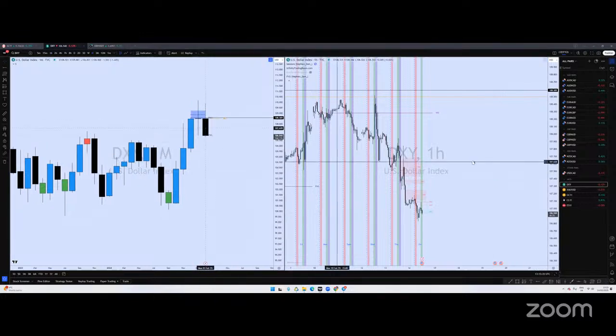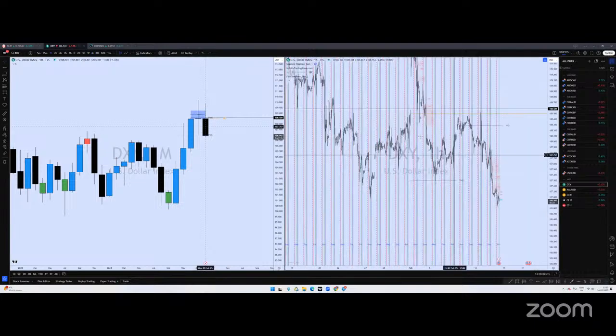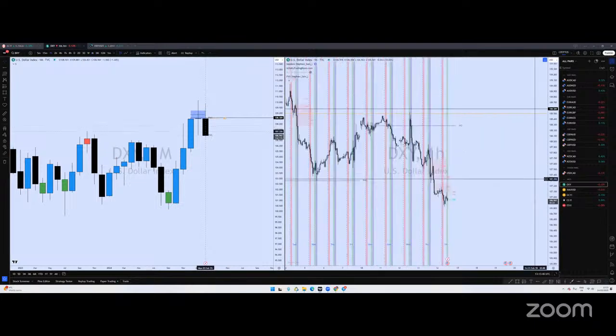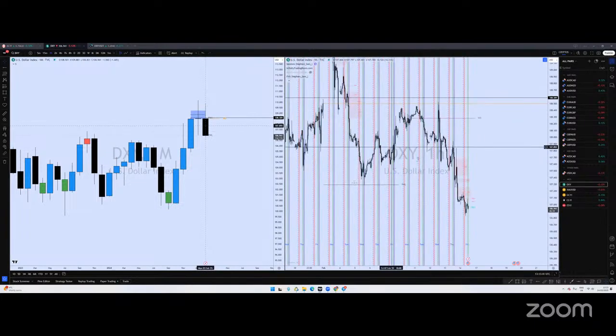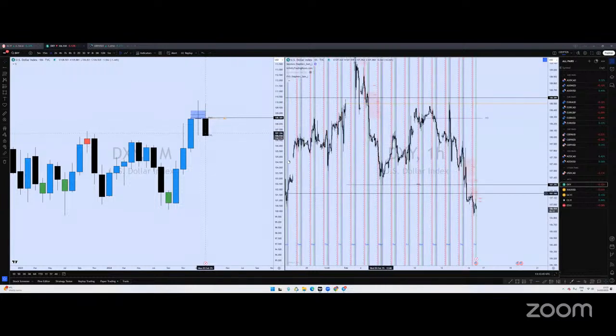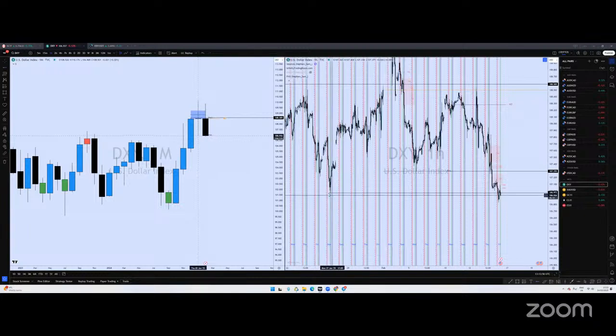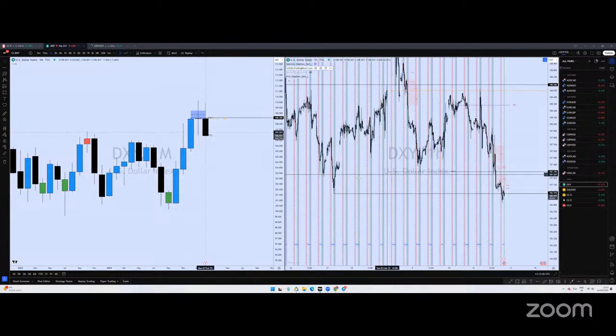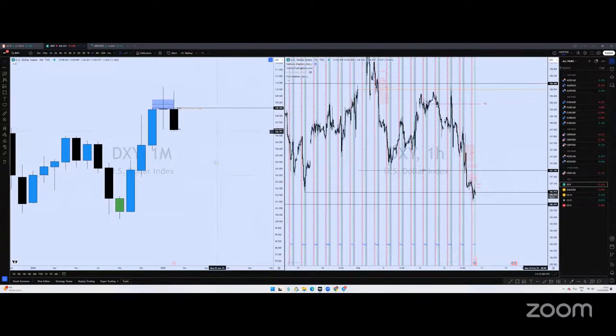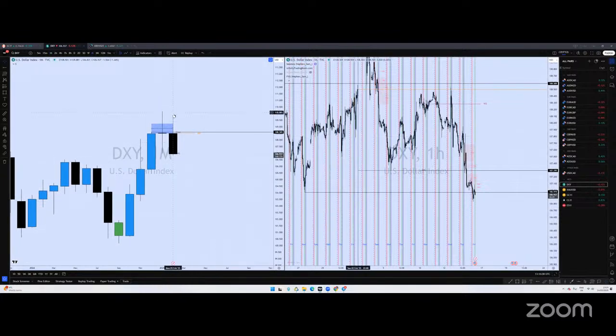Okay, let's look at what the dollar index has done. We did get both targets for the week, right? This low and that low. At the beginning of the month I said there's a high probability they will come for this low.